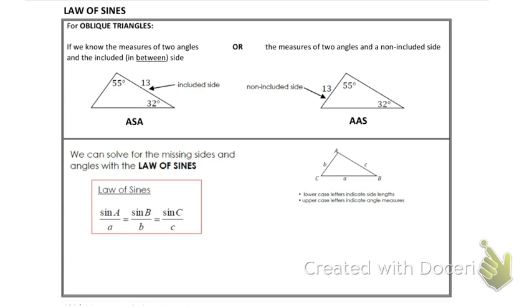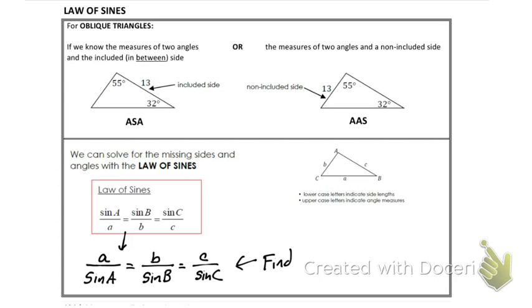However, I'm going to rearrange this just a little bit. We are going to flip everything. Rather than doing sine alpha over A, we're going to do side A divided by the sine of angle A equals B over the sine of angle B equals C over the sine of C. And why I did that is because this method is set up to find a missing side.